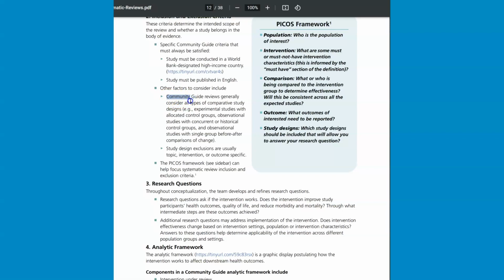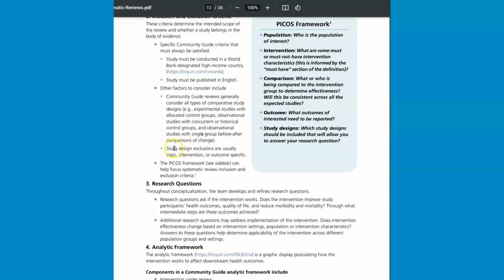Community guide reviews generally consider all types of comparative study designs, and these are epidemiological designs, which I have extensive expertise on. These are experimental studies with allocated control groups, observational studies with concurrent or historical control groups, and observational studies with a single group before-after comparisons of change. These are very important types of study designs which can provide insights for the community to create interventions.